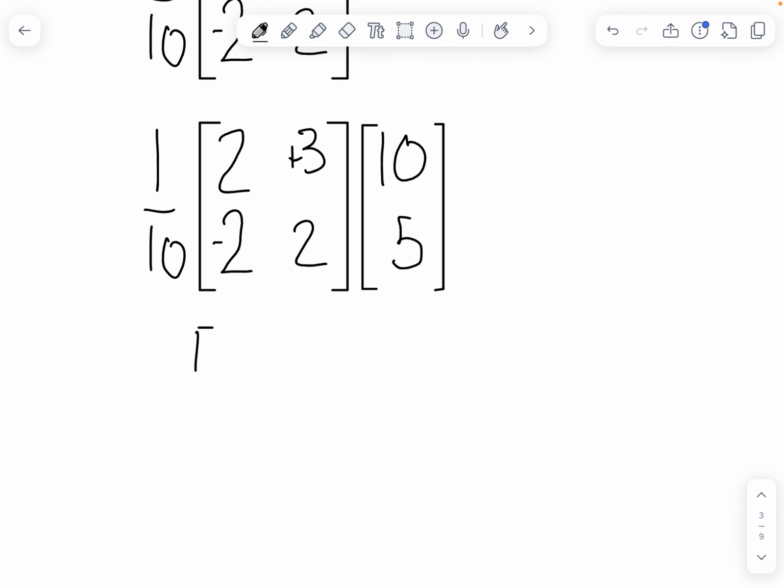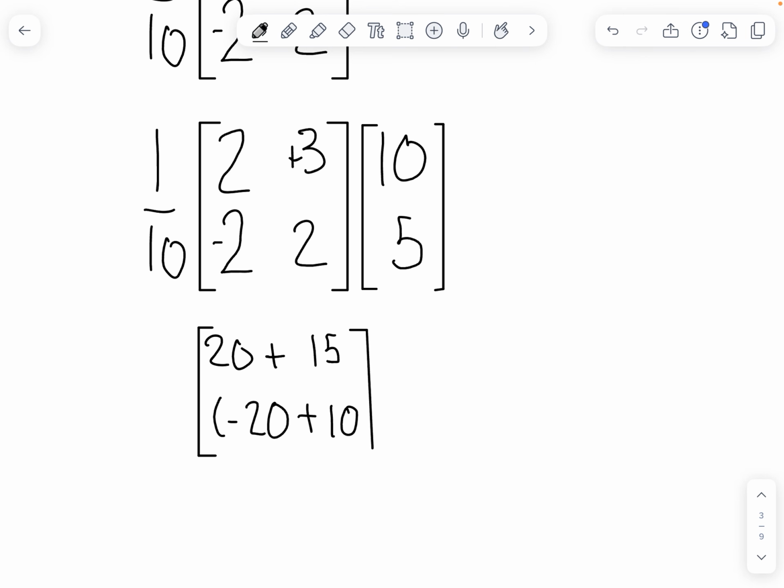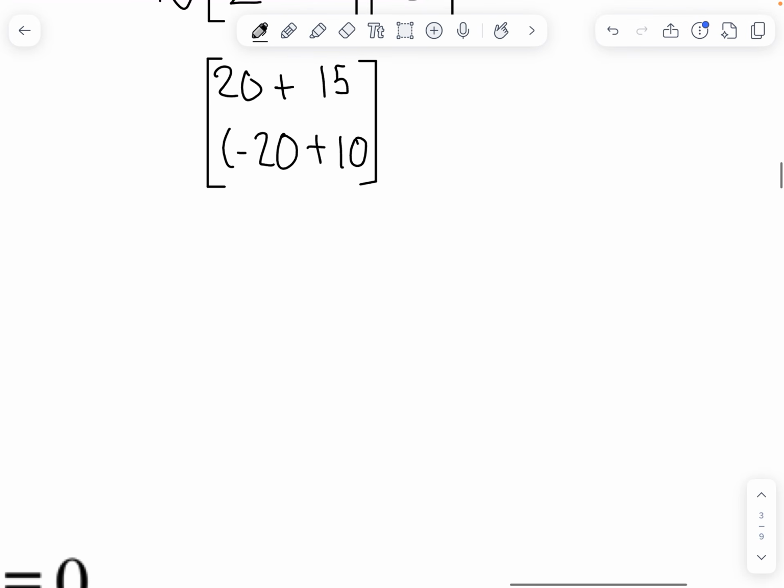Okay, so doing the matrix multiplication, we get 20 plus 15 and negative 20 plus 10. And then this is 1 over 10.